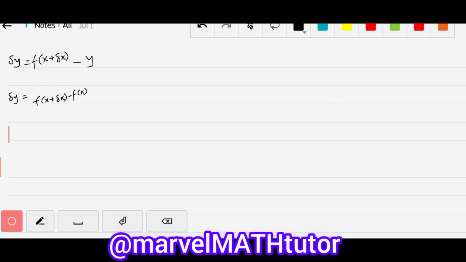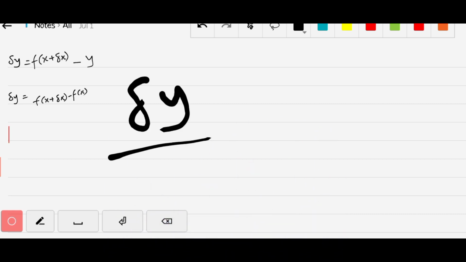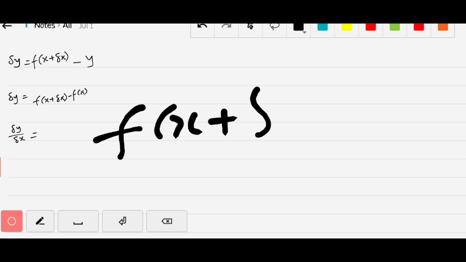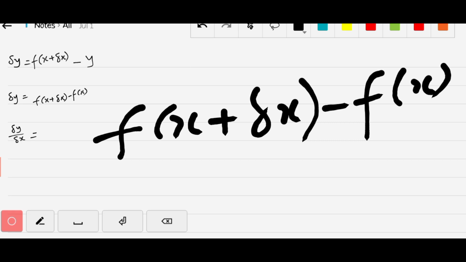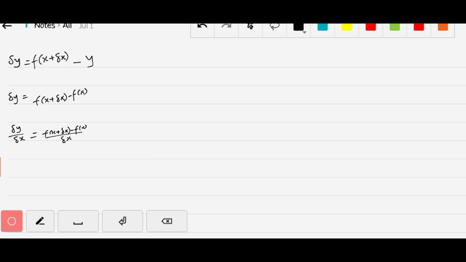From here we divide both sides by change in x. So we have change in y divided by change in x, which results to f of x plus change in x, minus f of x, divided by change in x. From there I will take my limit.